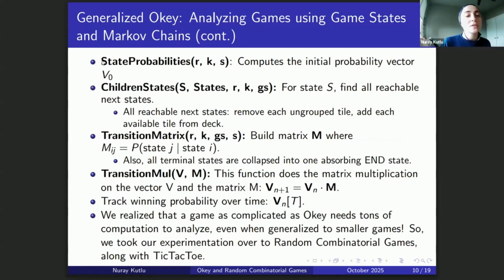So, the reason why I have a state probabilities function is because actually every state does not have the same probability of appearing, because some states will have multiple of the same tile, which does not happen for other states.